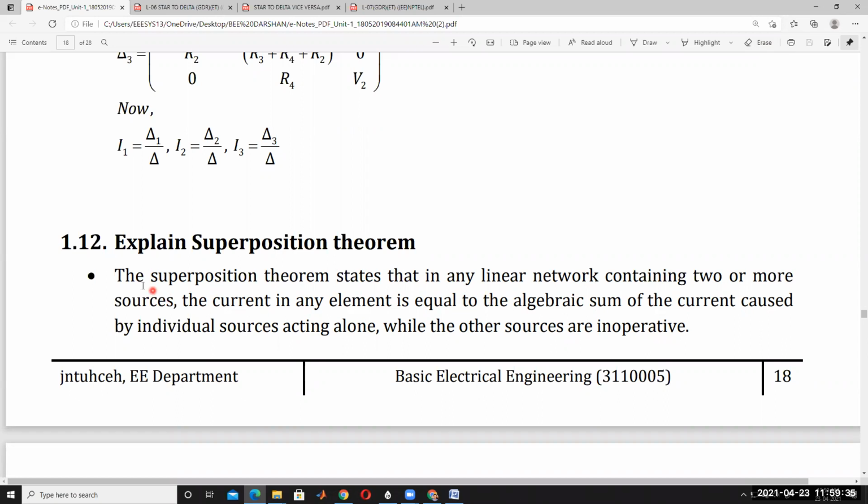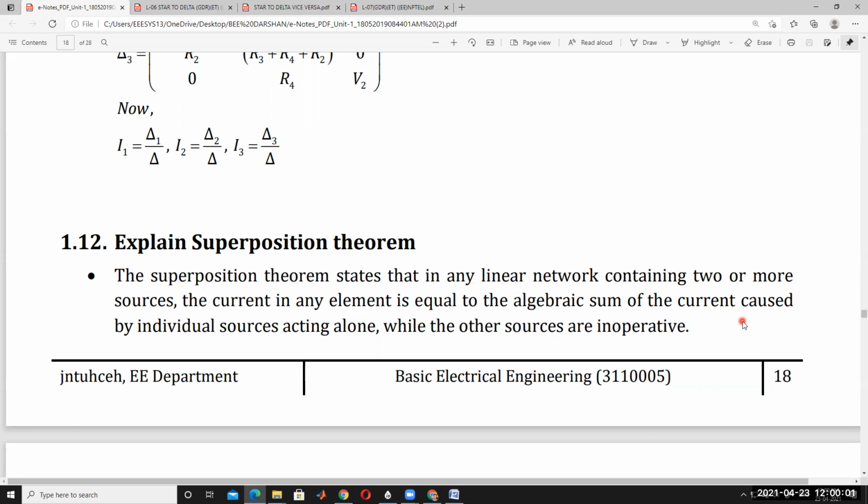Okay, understood. Superposition theorem is applicable only for linear networks, not suitable for non-linear networks. The sources may be voltage sources or current sources.